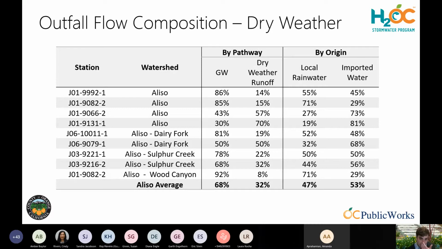When you think about origin, it skews it more 50-50 because groundwater is partly imported and partly rainfall derived. And so now this is splitting it by what came from local rainfall and what came from imported water. And so that's about a 50-50 split in Aliso, and it varies by outfall considerably.